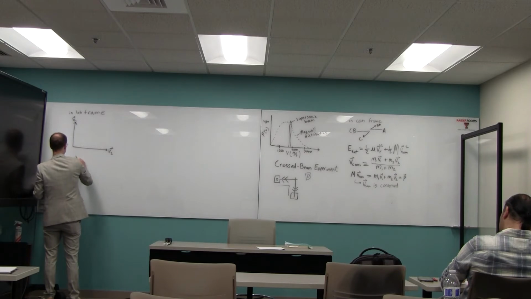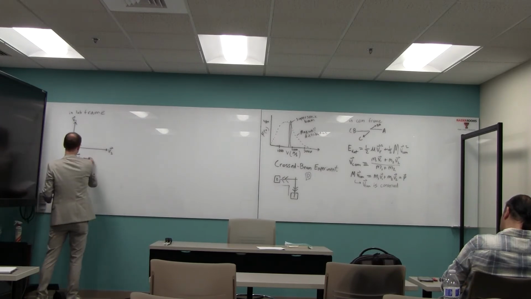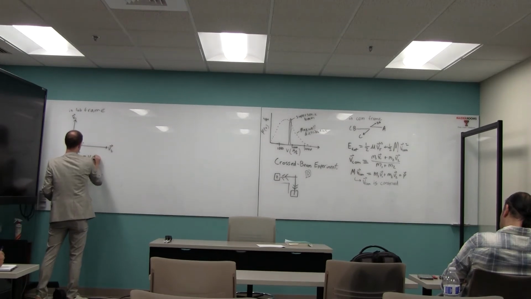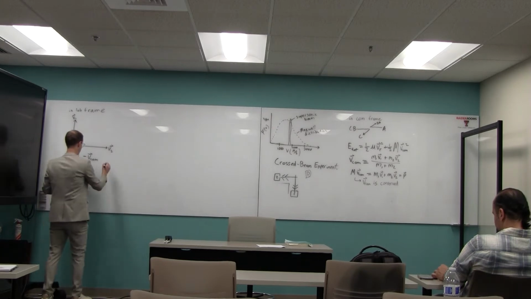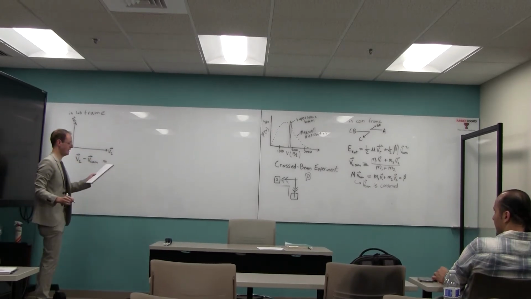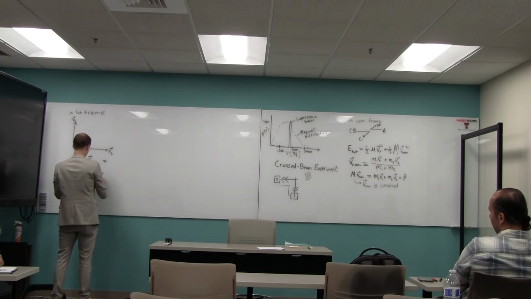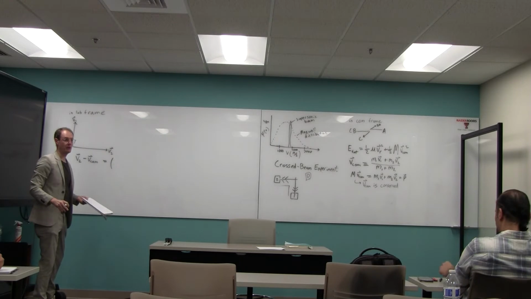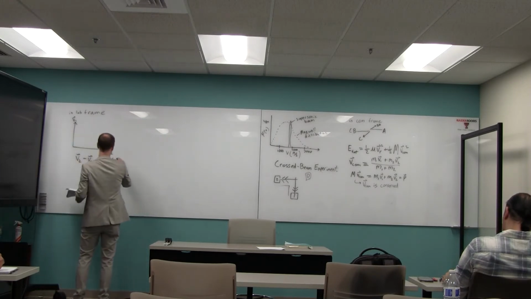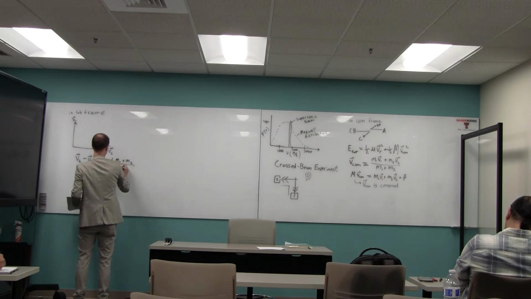If you take the V2 vector and subtract off the center of mass velocity vector, then what do you get? Well, in order to write this in a form that is meaningful, we're going to do a little trick. We're going to take V2 and multiply it by 1, so we multiply it by M1 plus M2 over the total mass.